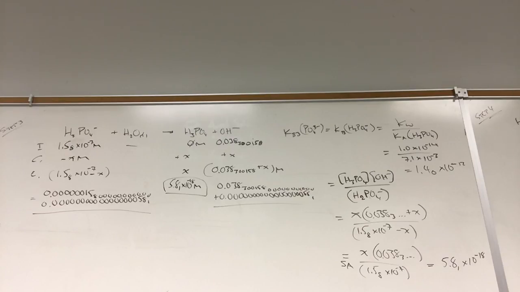Equilibrium is going to be X molar here, 0.0383, dot, dot, dot, plus X molar. That's going to be KW. We already know KW is hydronium times hydroxide, so X times 0.0383 plus X, the hydronium times the hydroxide.